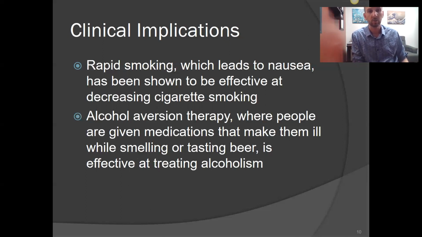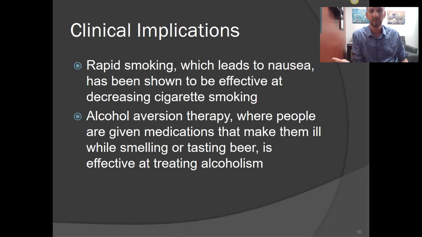Another example is alcohol aversion therapy. There's a medication called Antabuse. It's an FDA-approved medication to help people with alcohol use disorder or alcoholism. When they take the medication, it will make them ill when they drink even a few drops of beer.